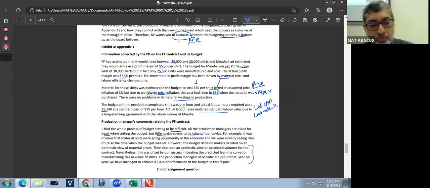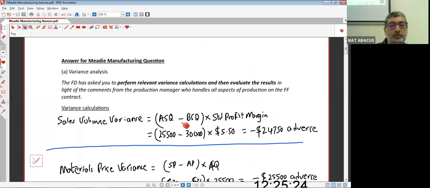For a quick revision, sales volume variance is actual sales quantity minus budgeted sales quantity, multiplied by standard contribution if you're using marginal costing. If the company is using absorption costing, they multiply by standard profit margin.